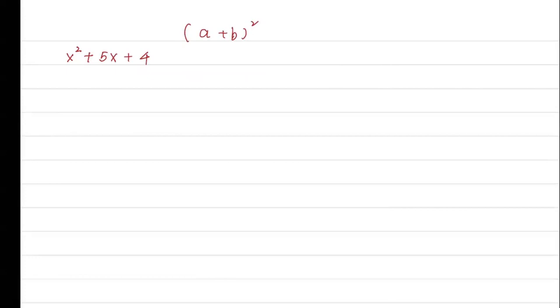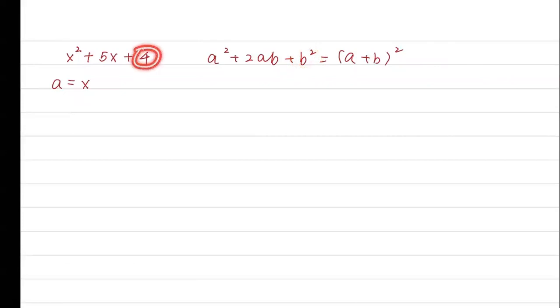So let me write the formula again. The formula is a squared plus 2ab plus b squared is equal to (a plus b) squared. Let's follow all the steps that we did in our examples. In the formula, we have an a squared, we have an x squared. So it's safe to assume that we have an a, which is equal to x. We have a b squared here.